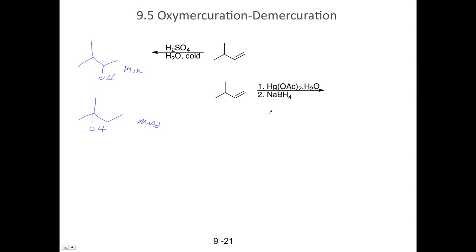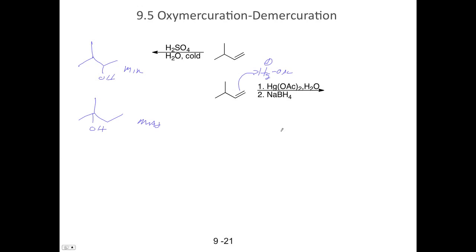But look at this, mercuric acetate. Here, the first thing you do is HgOAc, and you can just say this guy here swings out and grabs this guy right here. This is a plus charge right there.